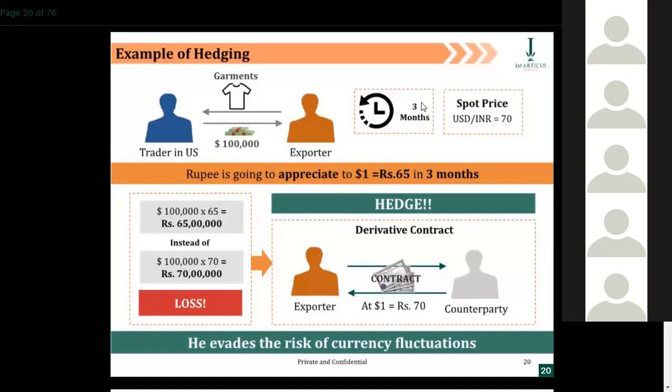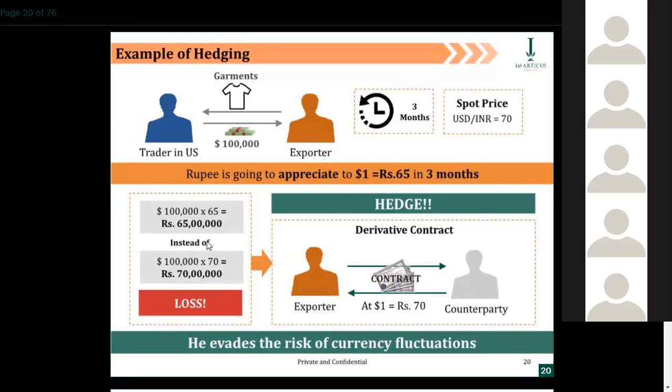So there is going to be a loss of how much? You can see the values would be 65 lakh rupees and 70 lakh rupees. So the total difference is 5 lakh rupees. So the dollar moving down to 65 is actually going to give a loss of 5 lakh rupees to the exporter.